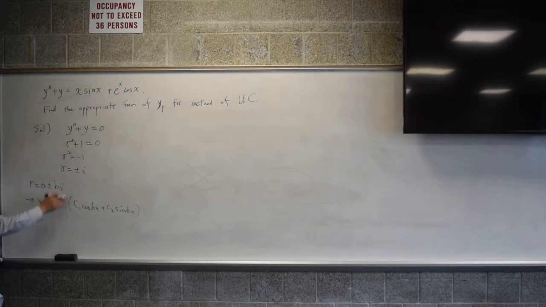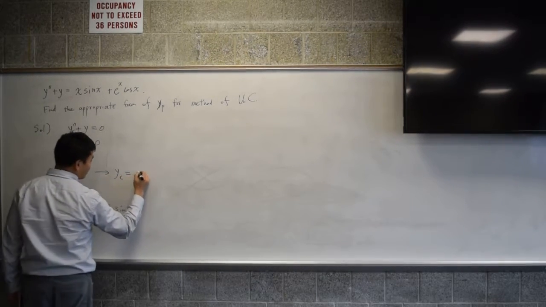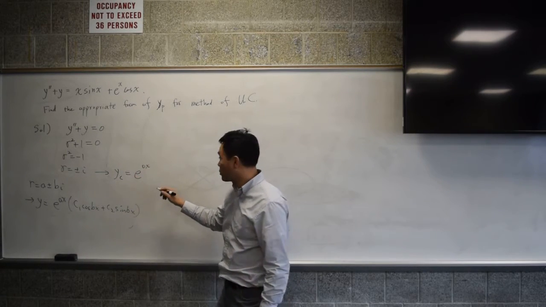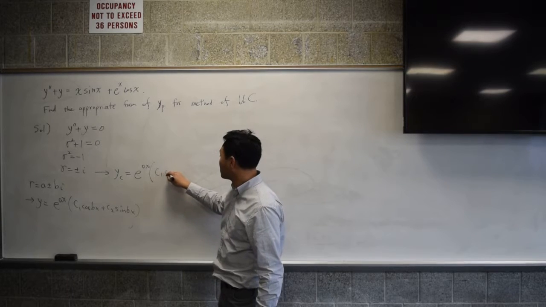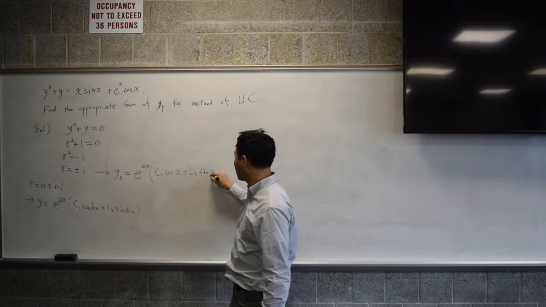And for our case, what's a? 0. What's b? 1. So for our case, what's our solution? yc is e to the 0x, which is just 1, and e to the 0th power is 1. c1 times cosine x plus c2 times sine x.